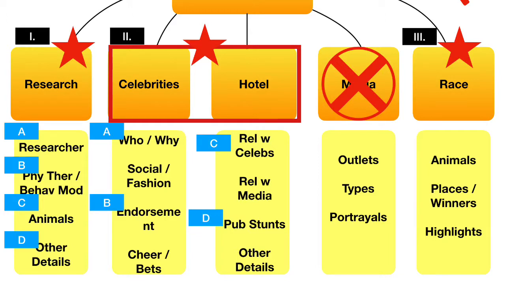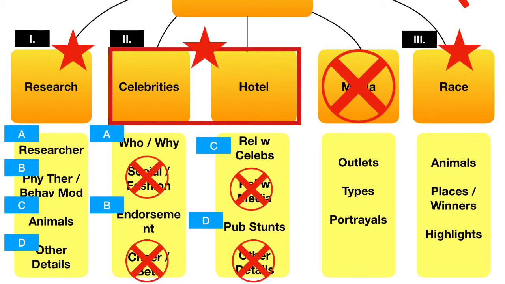You don't have to use every single one of these subpoints if you don't have the research to back them up. But maybe which celebrities were there, who they were, why they were there, is easily found out. So you have a good subpoint there. Maybe you don't find a lot on their social interactions or what they were wearing, but you found out that one of the celebrities endorsed this cause and got behind this and talked about the children benefiting.